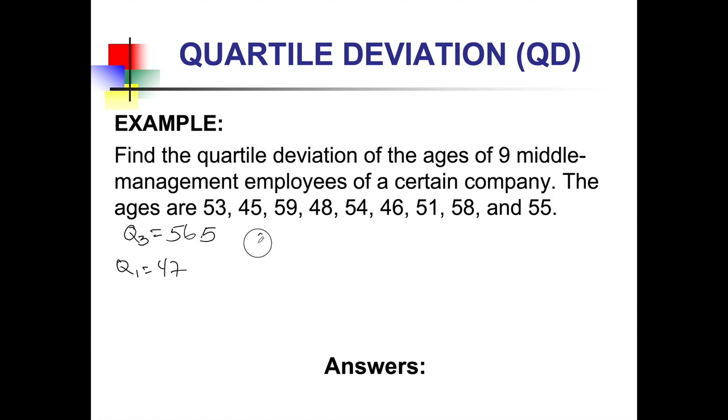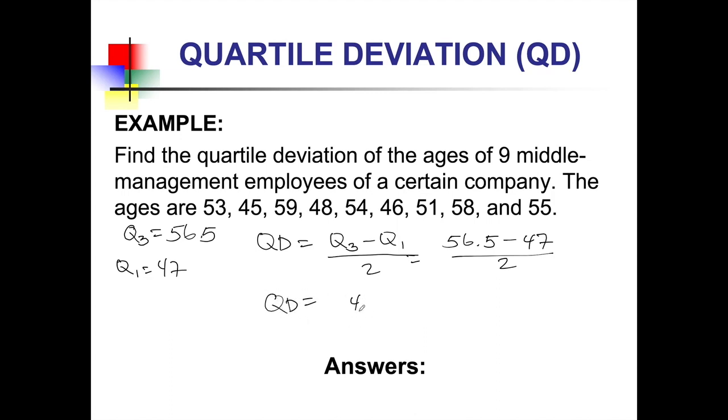For the formula of QD, again, QD is solved by having the difference of Q3 and Q1 divided by 2. So, let's have 56.5 minus 47, divide natin sa 2. QD natin will be 4.75. Ayan. 4.75. And, ayun, tama naman tayo.